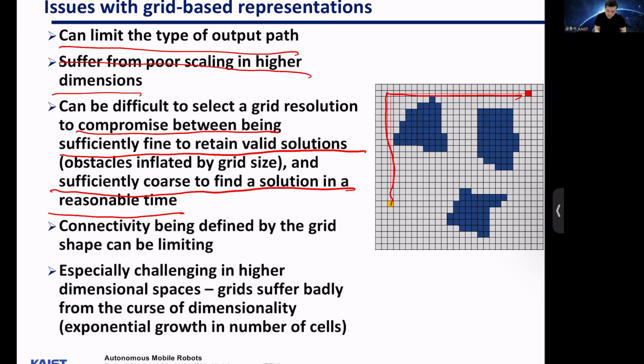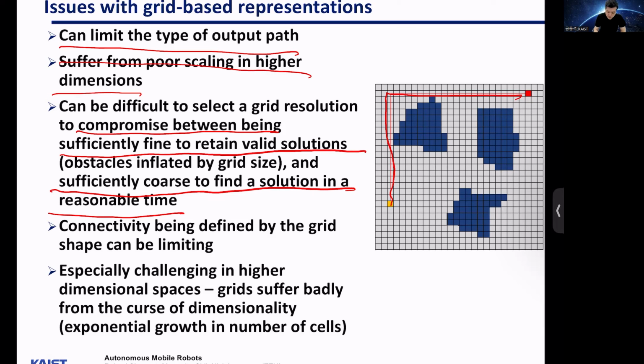But if we use a very coarse grid or low resolution, then it's going to be a simpler problem, a smaller problem, and faster to solve. But the solution may not be very realistic, or may not even exist.